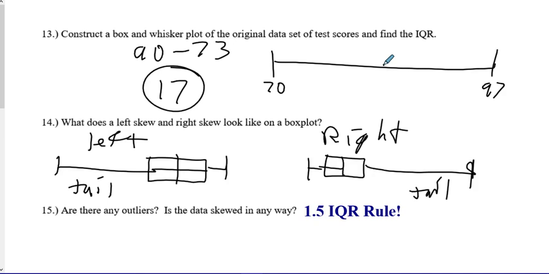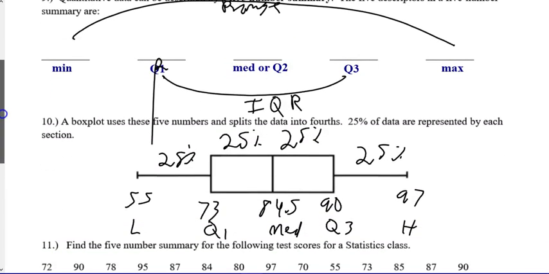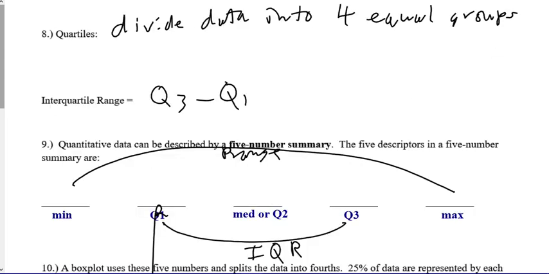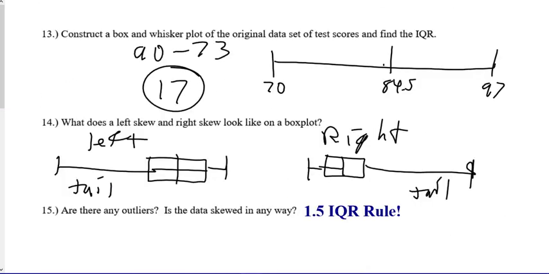Well, what was our median? 84.5. So the median is pretty close to that. So I'm going to put a line right here and put 84.5. And then my Q1 and Q3 were 73 and 90. So, where's 73 going to be? It's going to be much closer to 70 than it is to 84.5.